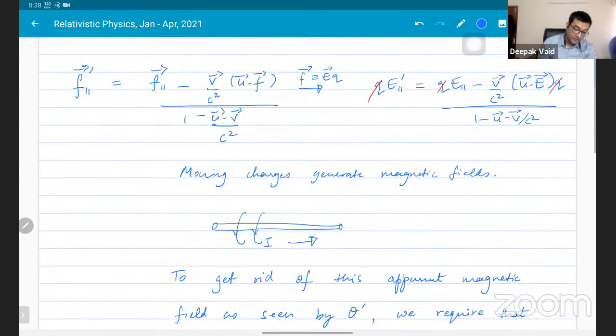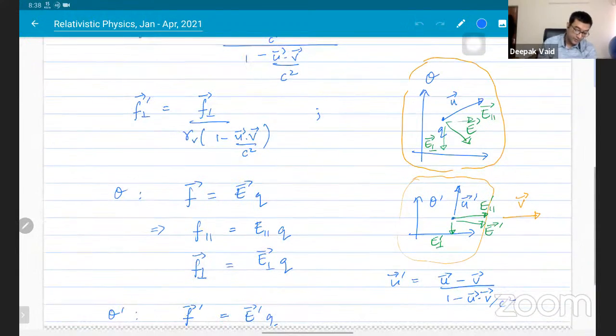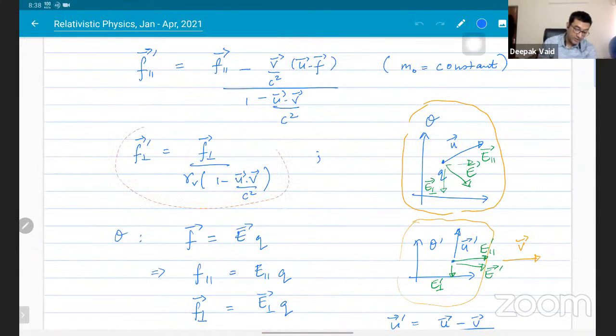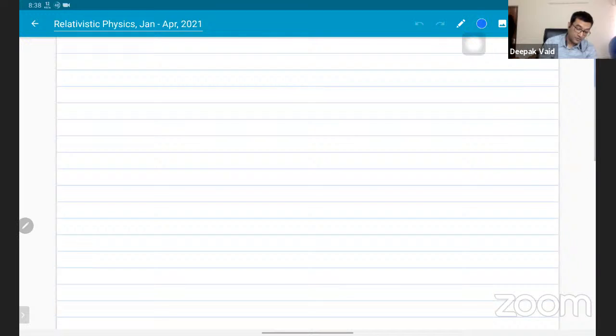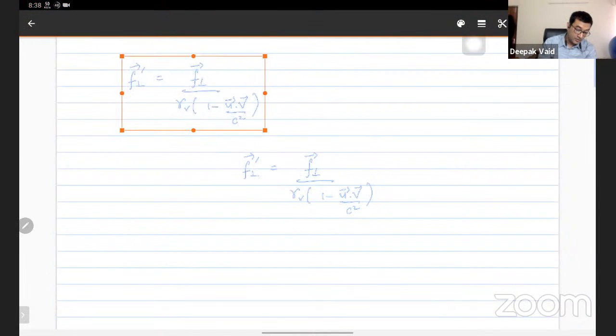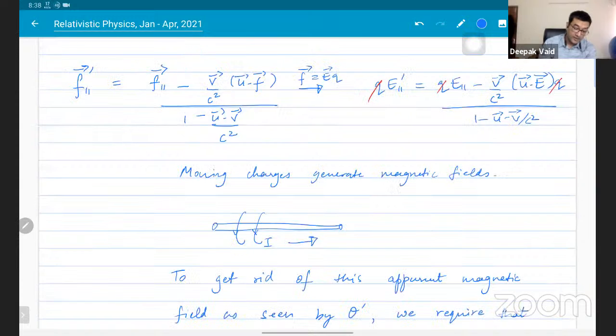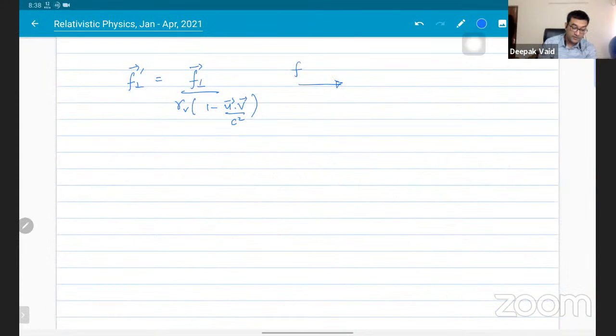What about E perpendicular? We can do the same procedure by looking at the perpendicular component of the force. And now again we set the force is equal to EQ. So this tells me that Q times E perpendicular prime is equal to Q times E perpendicular over gamma V over 1 minus U dot V by C square.